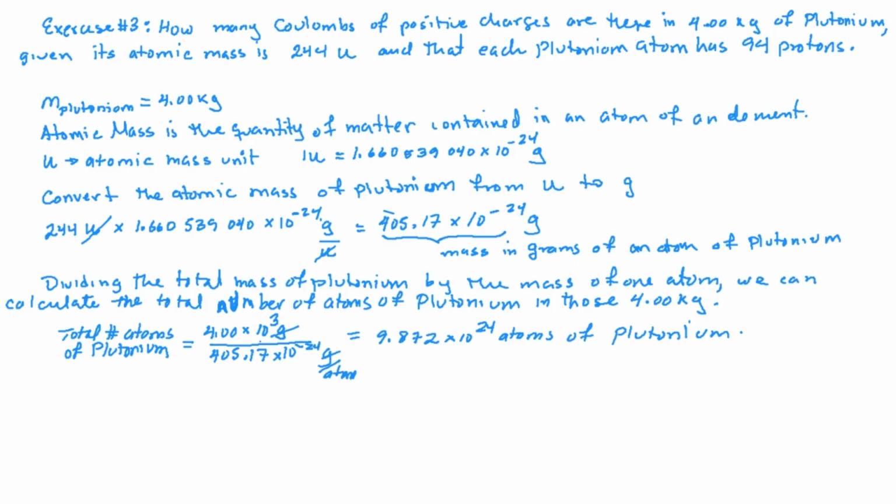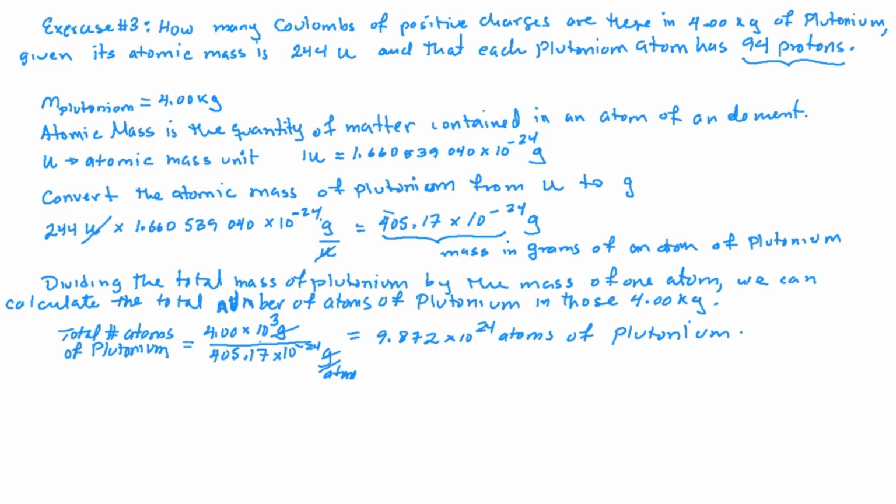Now, what was the original question? How many coulombs of positive charge? Well, how many protons per atom do I have? I have 94 protons per atom. So if I want to find the total number of protons, I will multiply the total number of atoms times the number of protons per atom, right?